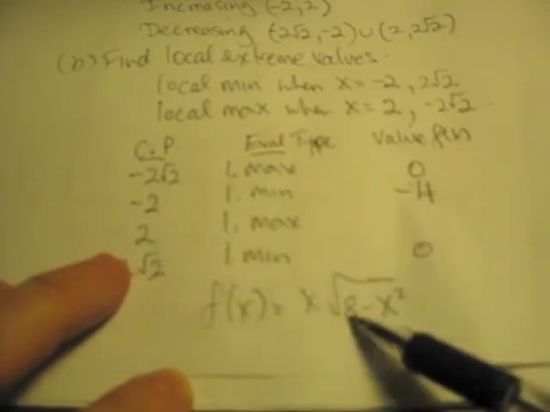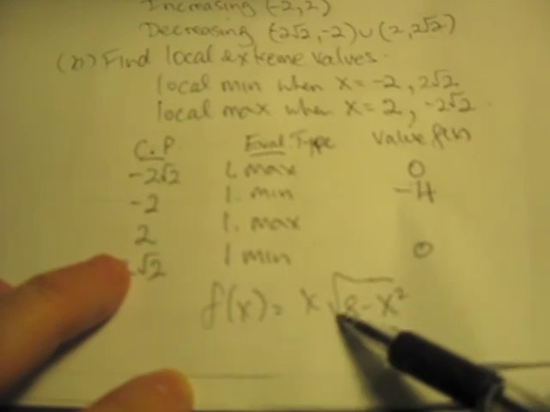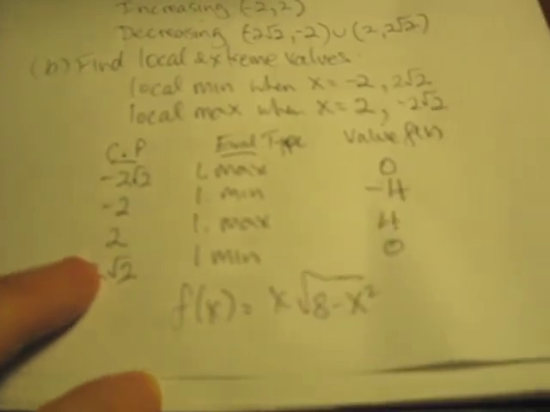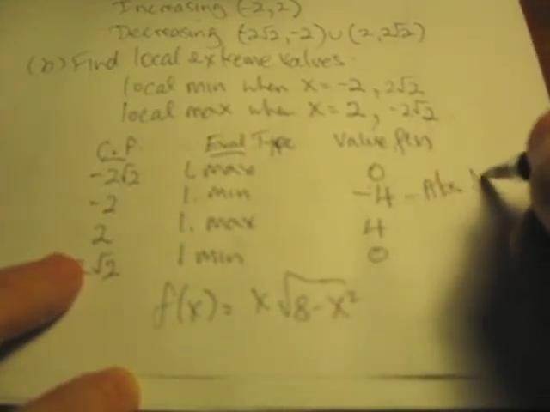When I do 2 in here, 2 squared is 4, 8 minus 4 is 4, square root of 4 is 2, times 2 is 4. So straight away we see that this is an absolute minimum.